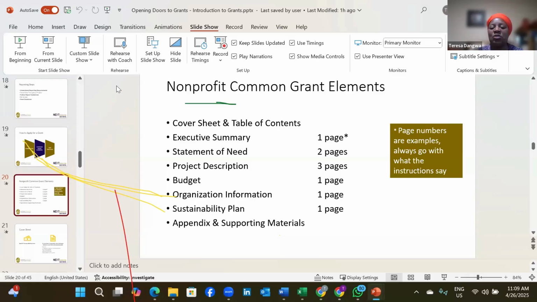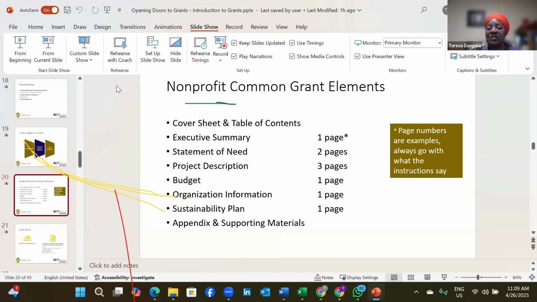If they say they want a 2-page executive summary, then you give it to them. If they say we want a 1-paragraph executive summary, then that's what you give them. So you don't go and say, oh, Pastor T said 1 page. Pastor T is not part of the funder. So always follow the funder. What I'm giving you is what commonly is expected, but always go with the instructions of the grant that you're applying for.